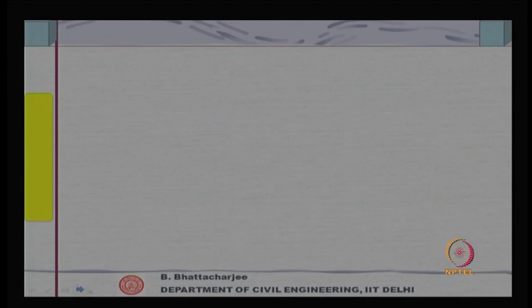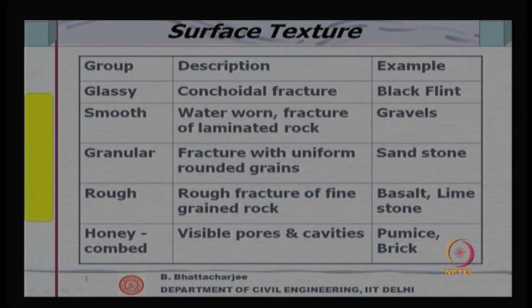The classification related to this is something like this. Glassy is conchoidal fracture, black flint is an example. Smooth is water worn or fracture of laminated rocks, like these gravels. Granular is fracture with granular surface texture, that means grains will be protruding out, with uniform rounded grains, sandstone.